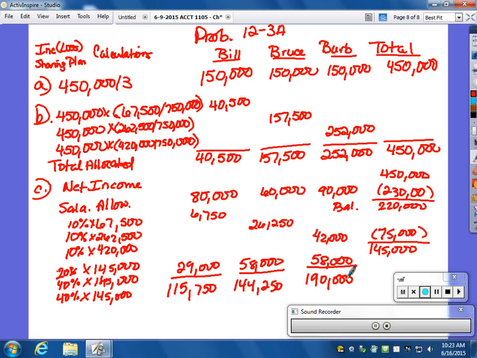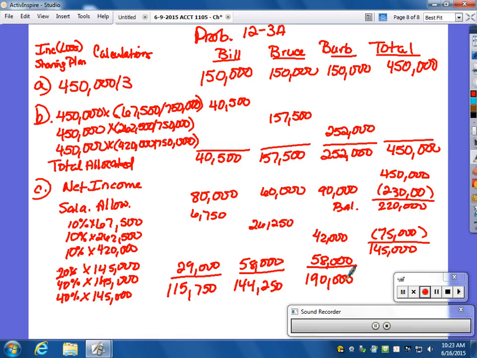So number two says prepare a statement of partners equity showing the allocation of income to the partners, assuming they agree to use Plan C. So Plan C was this part. That income earned is now 209,000, and Bill, Bruce, and Barb would draw 34,000, 48,000, and 64,000 respectively at year end.